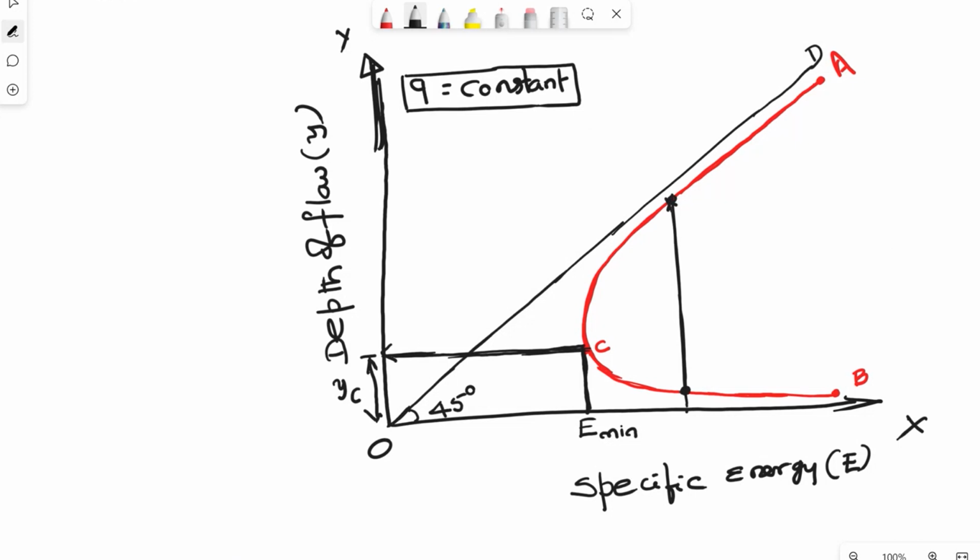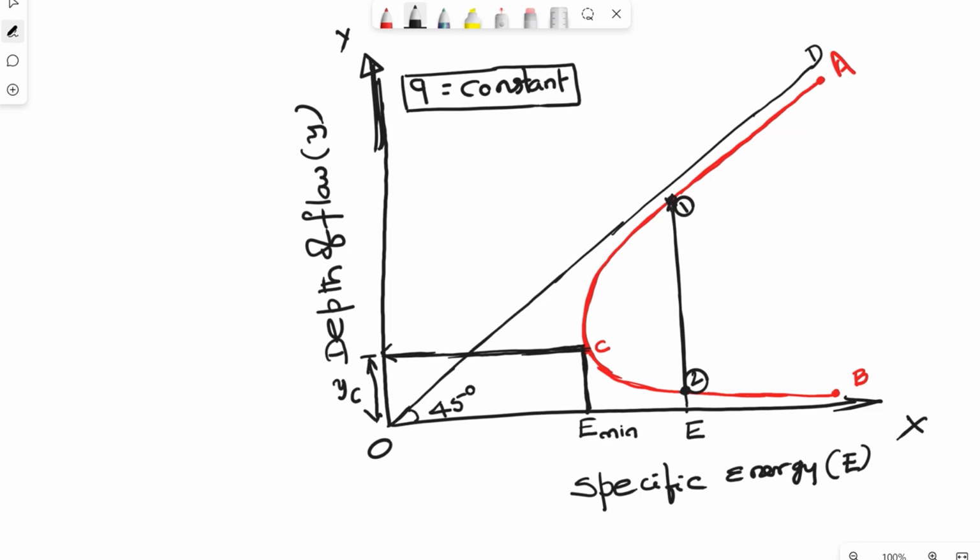At these two points, point 1 and point 2, the specific energy remains the same. Take any point except C: for a given specific energy, there will be two depths of flow.